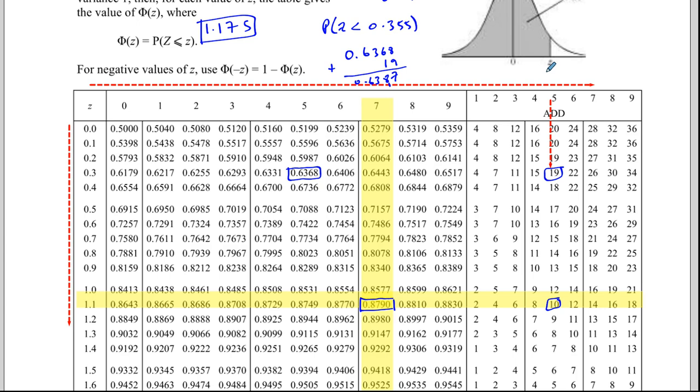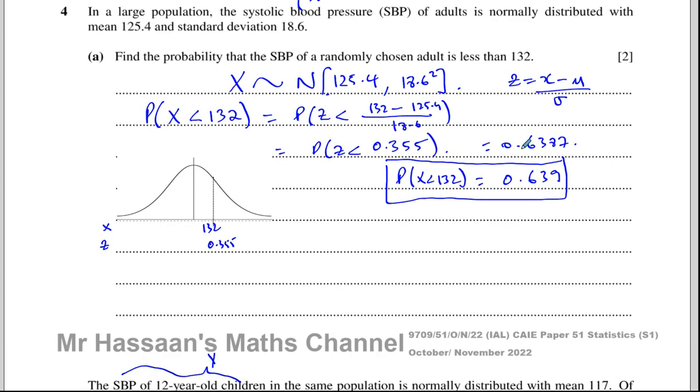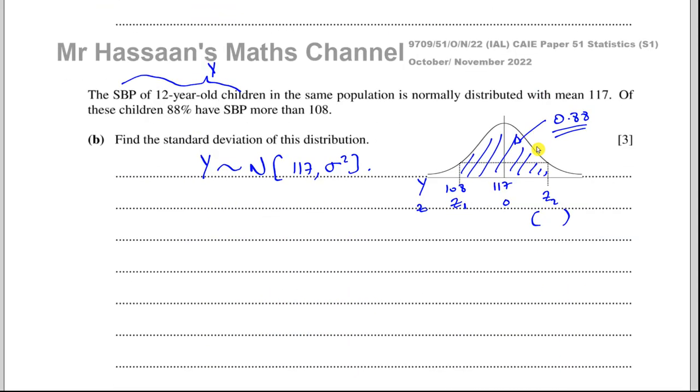That's going to be the Z value that is on the opposite side, but we want the negative version of that. So if we go to the question that we've done, 1.175 is what we just found, because they don't have the negative Z values in there. So I'm going to say this is negative 1.175 because it's a mirror image. So I know that the Z value I'm looking for is negative 1.175. If we look at the standardization, we have Z equals X minus the mean over the standard deviation.